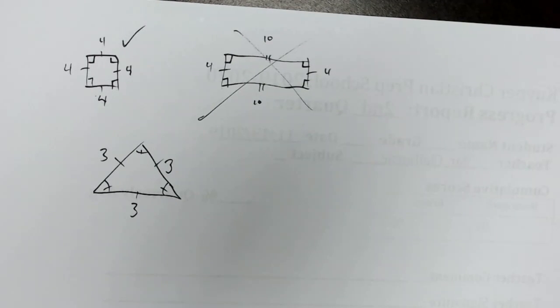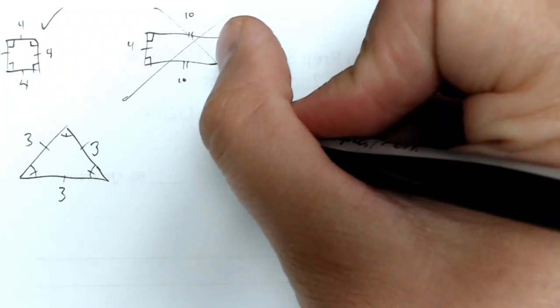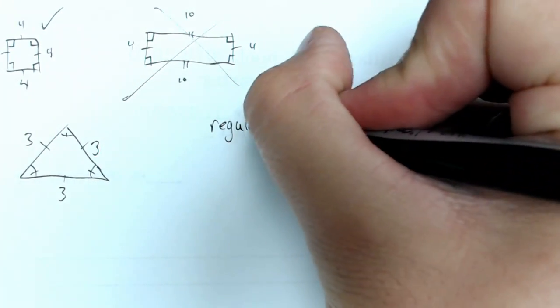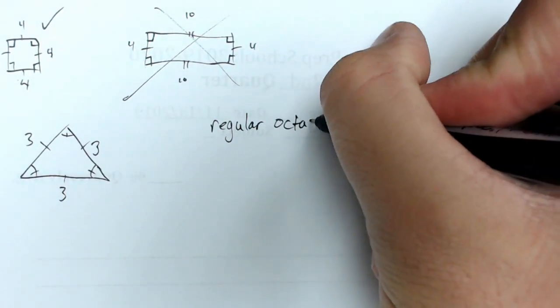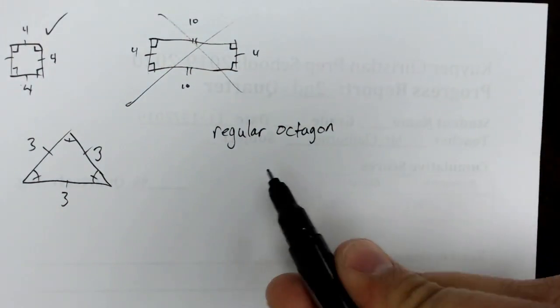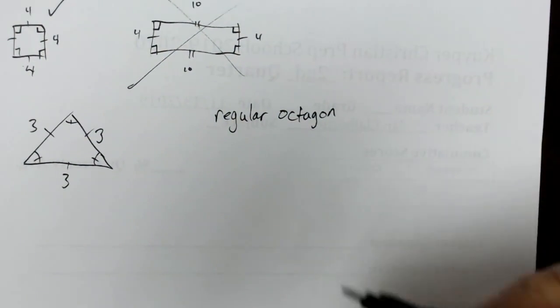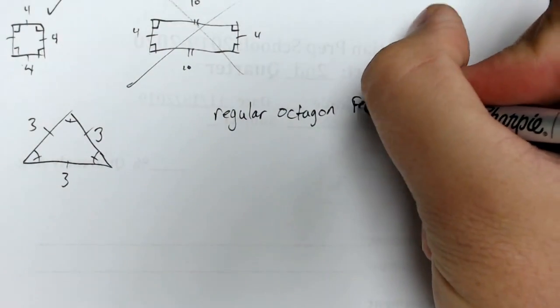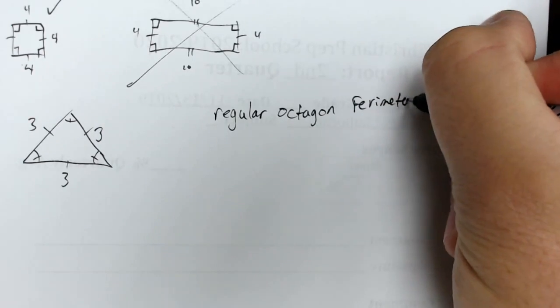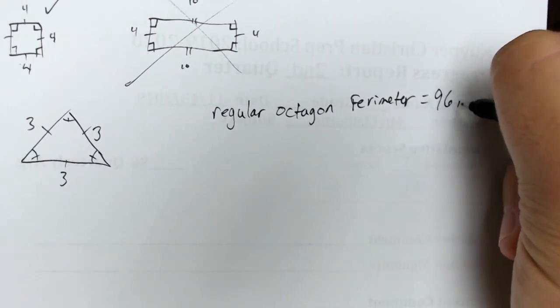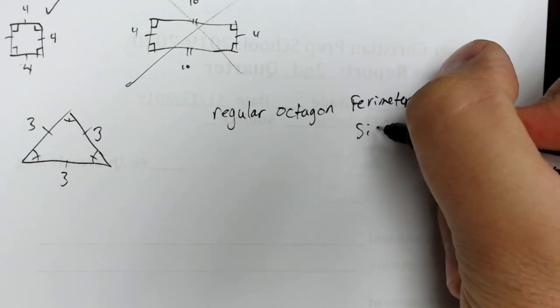So there's interesting things about regular polygons. So for example, let's say I have a regular octagon. All right, so how many sides does the octagon have? 8, right? And I say its perimeter equals 96 inches, and I want to know how long is one side.